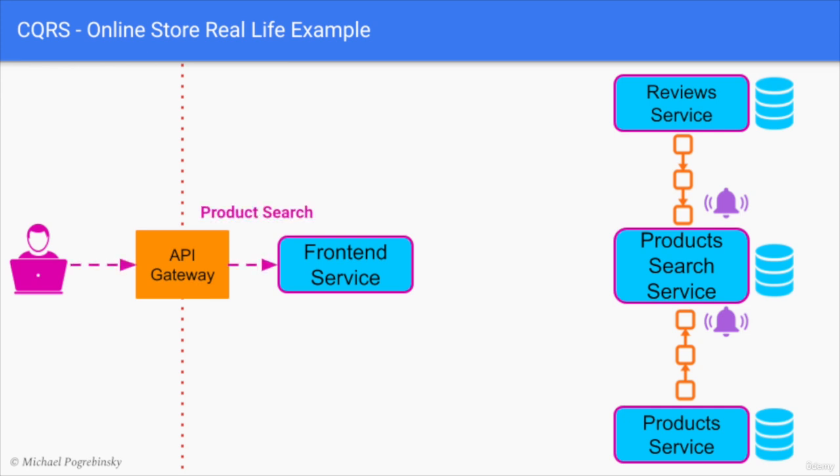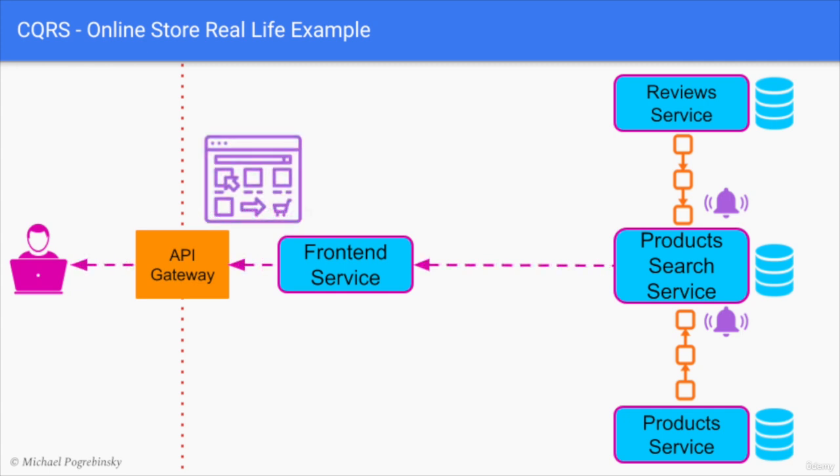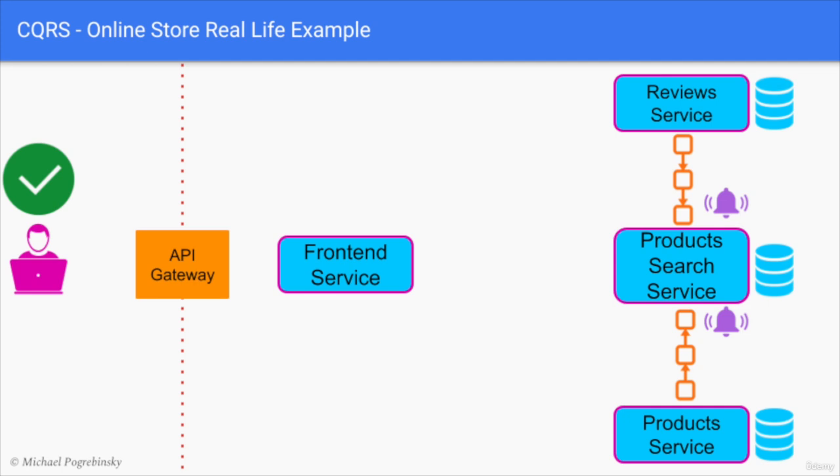So now, a user who wants to search for a vacuum cleaner or maybe a pair of shoes can get a page with all the potential results very quickly by sending a request only to the product search service. And if the user wants to sort by or filter by the number of reviews or rating, it can also be done very easily and quickly.